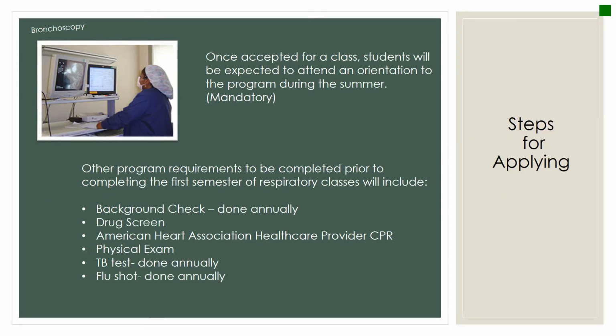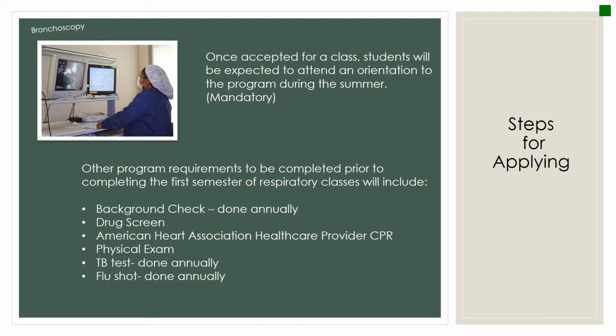Once accepted for a class, students will be expected to attend an orientation to the program during the summer. This is mandatory. Other program requirements to complete prior to completing the first semester of the respiratory classes will include background check, drug screen, American Heart Association Healthcare Provider CPR, physical exam, TB test done annually, flu shot done annually.